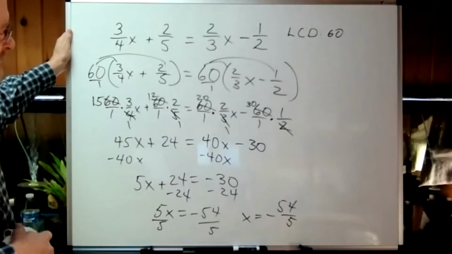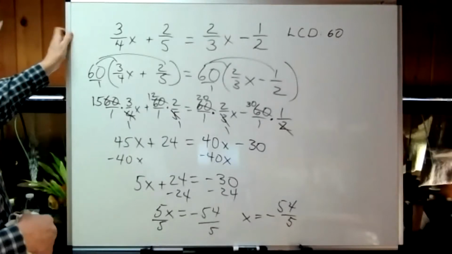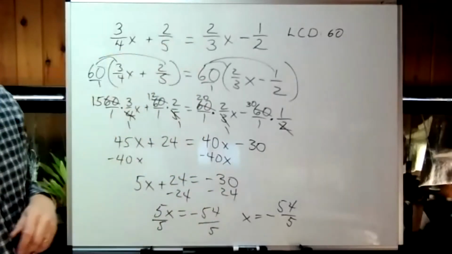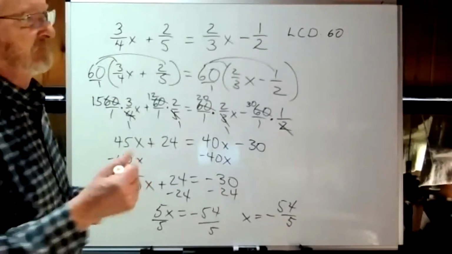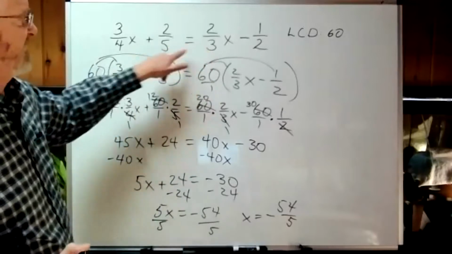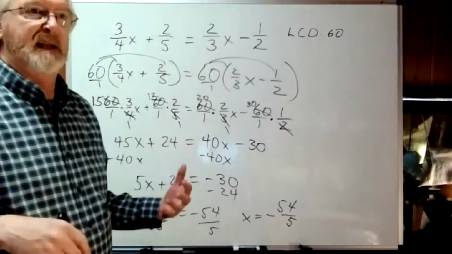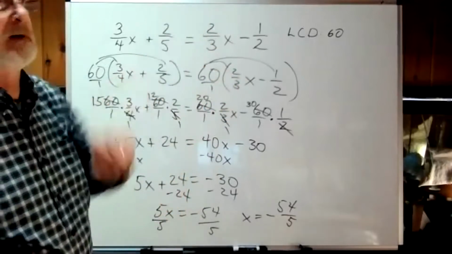What is the best way of going about, just like a reminder, on how to find the lowest common denominator? Okay. Well, in this case, I had four different values, right? A common denominator has to be a multiple of each value.